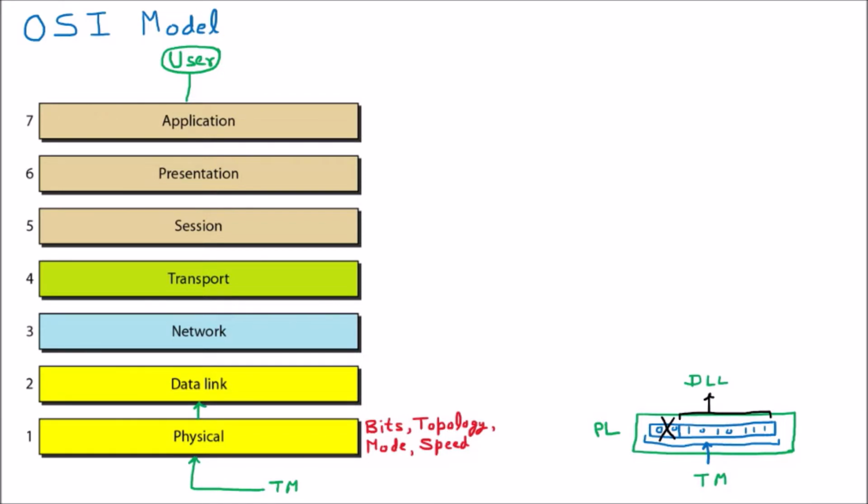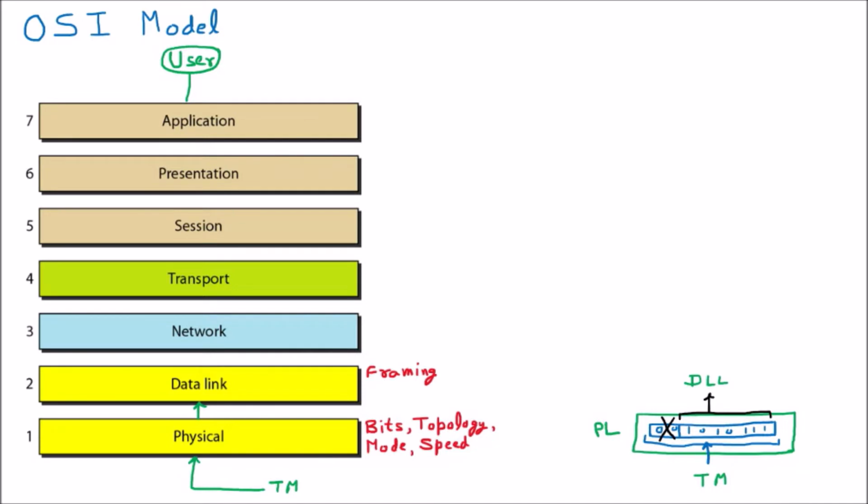The responsibility of the data link layer is framing. As we are having bits, similarly we are having frames over there. Framing means bits are combined into the frame, and we know that a frame is the combination of head as well as tail.